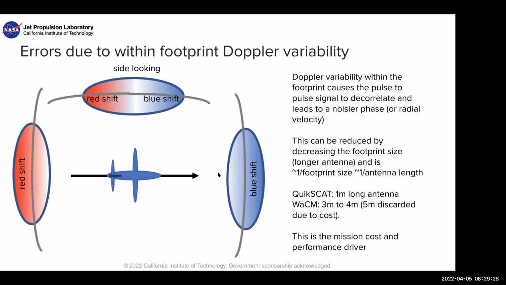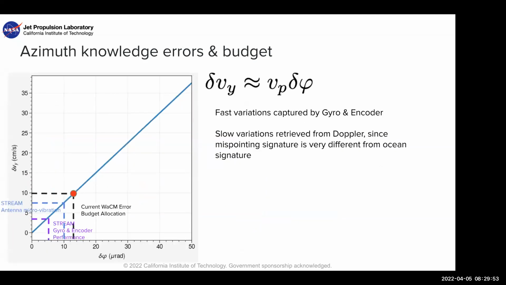And so that's why our performance varies significantly between the near swath and the far swath. Right now, we're thinking of going between a 3 to 4 meter antenna, and that makes basically a 30% difference in the performance. So we hope that we can keep the 4 meter antenna, but that will depend on the cost.